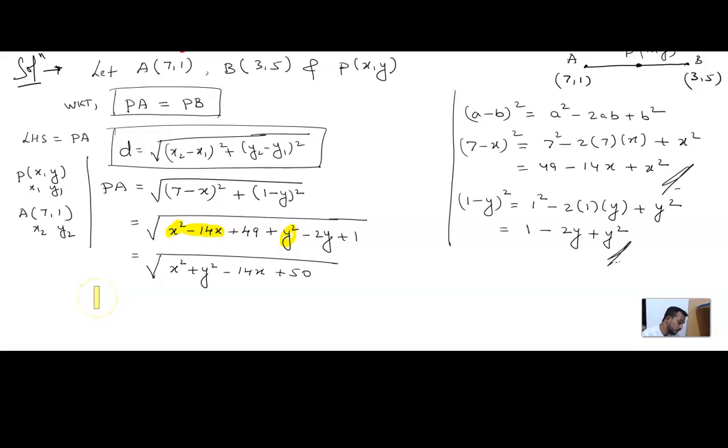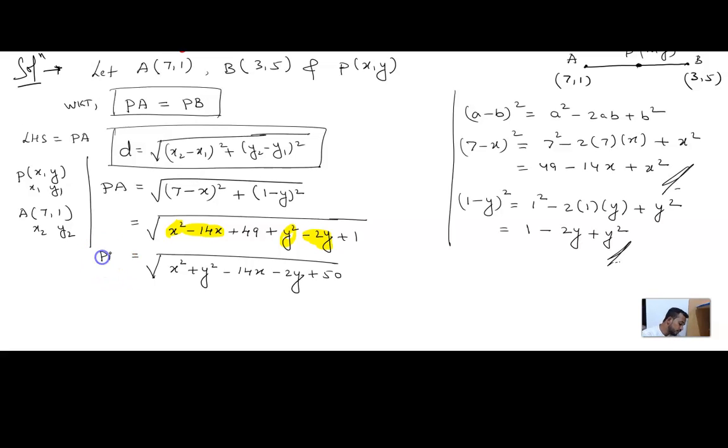Okay, one more term is left out. Can you see here? Minus 14x, then y term, that is minus 2y. Correct, children? Now what is left out? 49 plus 1, that's nothing but plus 50. So this is the value which we have got: x square plus y square minus 14x minus 2y plus 50.